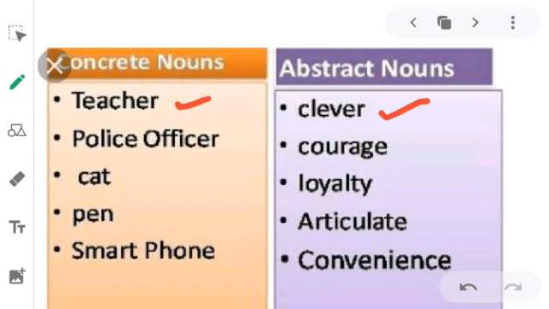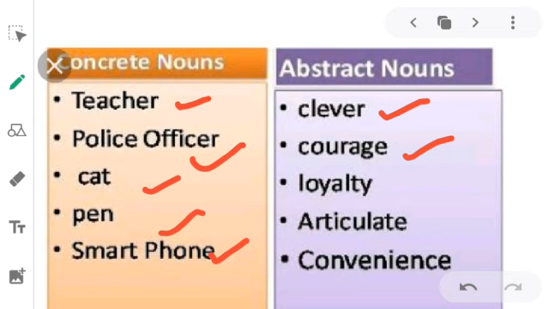Police officer: we can see a police officer, we can hear a police officer. But if we say that the police officer is a very courageous man, we can only feel that the person is courageous, we cannot touch courageousness. We have cat, pen, smartphone here.